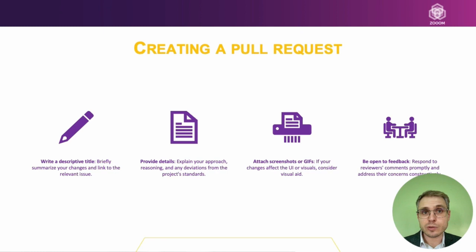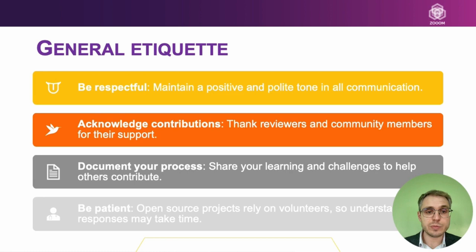Attach screenshots or GIFs, for instance, if your changes somehow affect the user interface of an application or visuals. So visual aid is always helpful when your code involves such changes. And you should always remain open to feedback, respond to reviewers' comments promptly, and always address their concerns constructively. This is part of the spirit of open source communities.